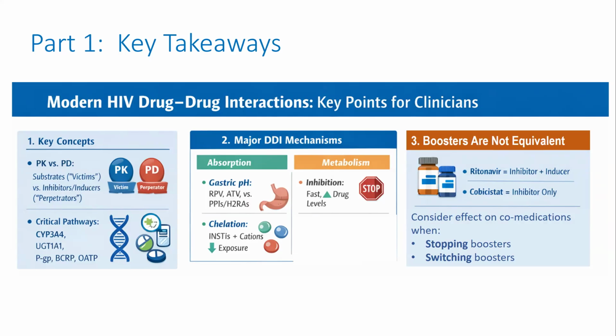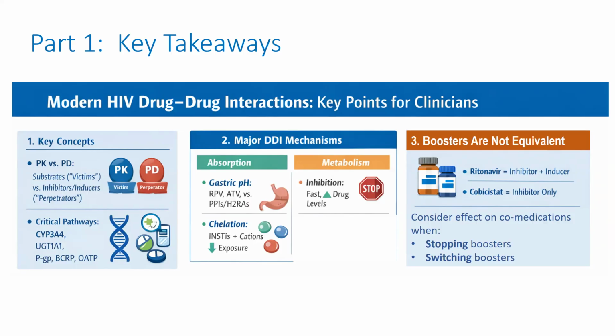To wrap up for today, then, we talked about some key concepts, pharmacokinetic versus pharmacodynamic interactions. We talked about pathways involved in drug metabolism, the CYP450 system and transporters. Major drug interaction mechanisms include drug absorption and metabolism.